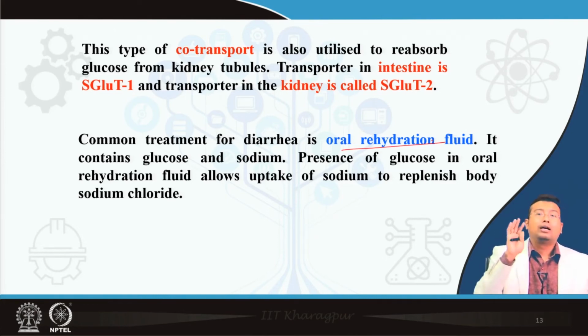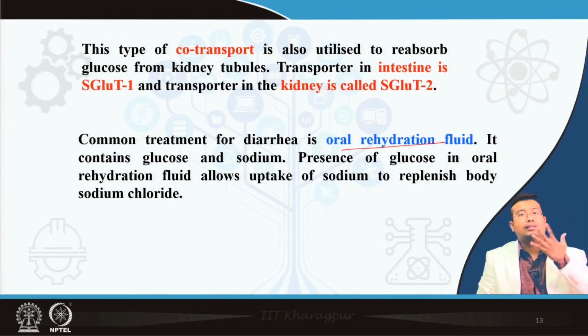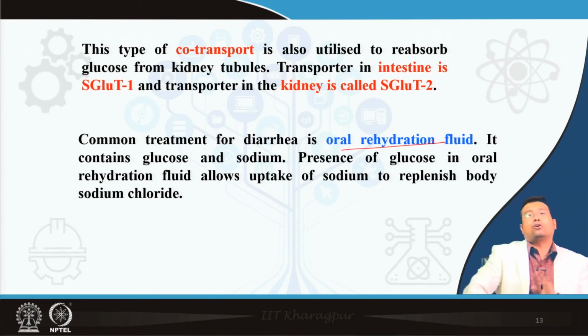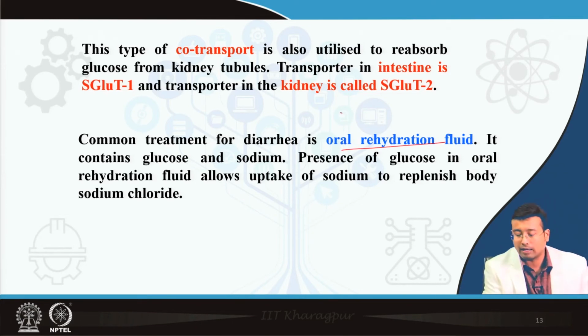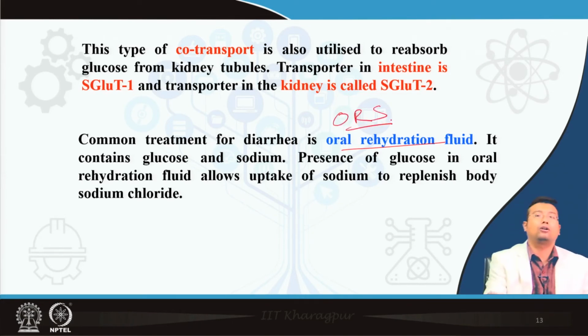But if glucose is combined with sodium chloride in the solution, then it will act as a wonder drug. Glucose and sodium get co-transported, and this prevents the dyselectrolytemia. This is the principle of ORS, oral rehydration salt, oral rehydration fluid, and this is the mainstay of any form of diarrhea.